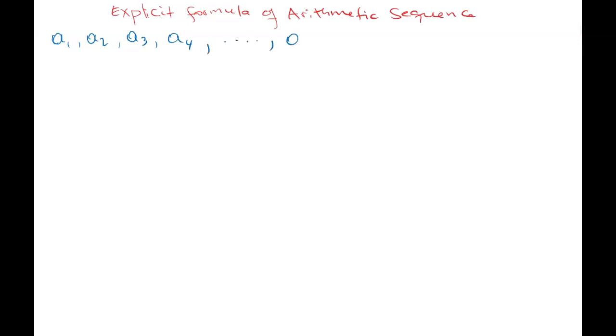Given the general sequence with the following terms: a sub 1, a sub 2, a sub 3, a sub 4, and a sub n.